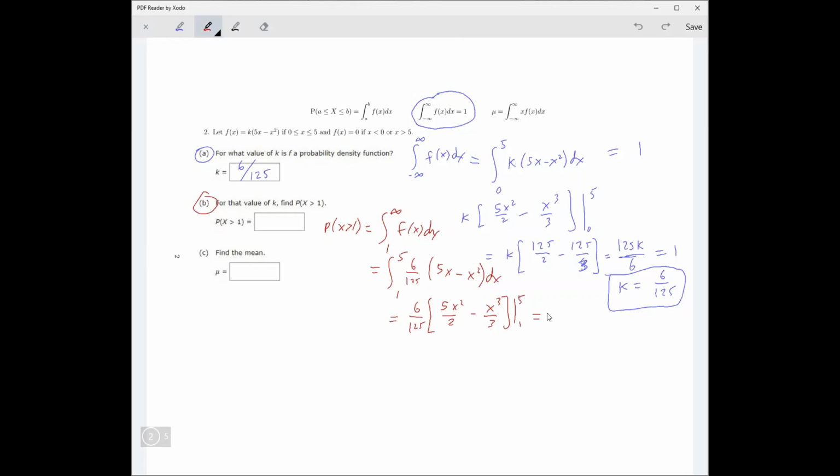When you put the upper limit in, you're just going to get 125 over 6. And when you put the lower limit in, you're going to get 5 halves minus 1/3. And then that's all multiplied by 6 over 125.